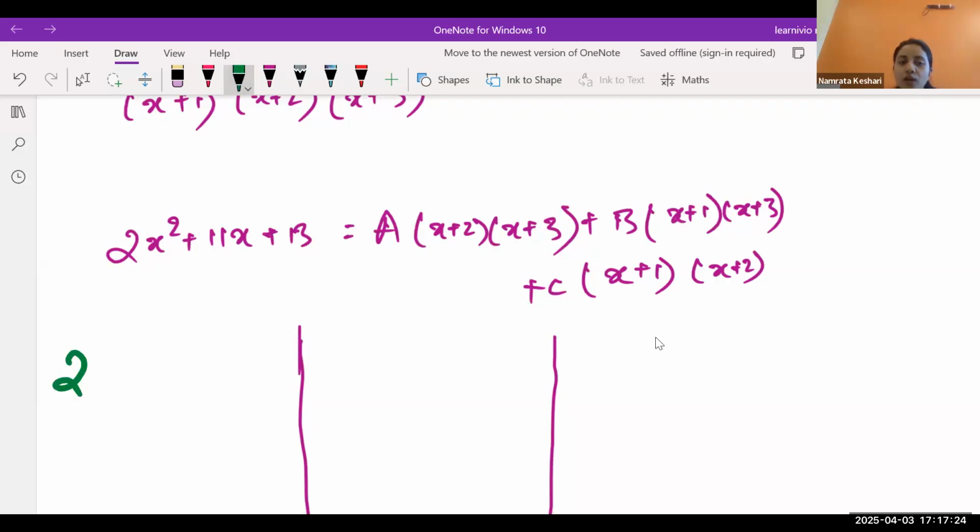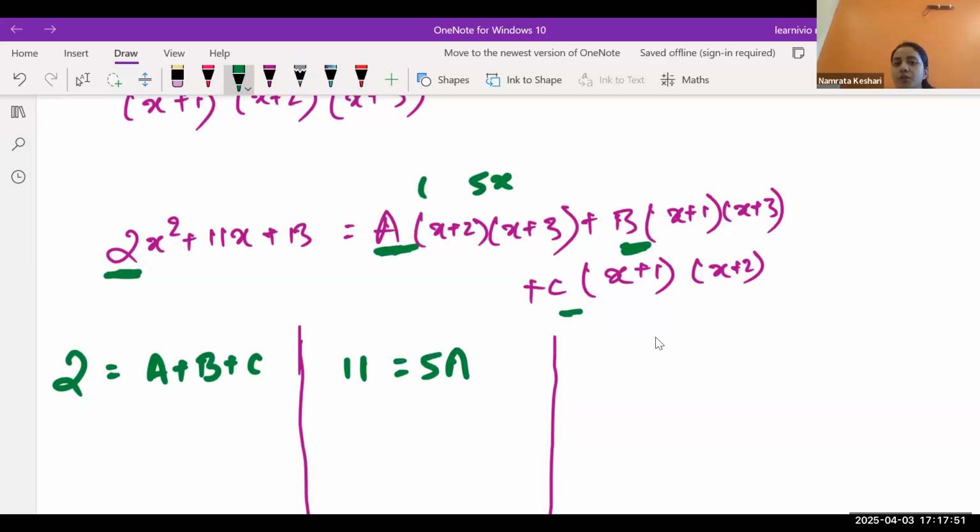Both are okay. So the x² coefficient is 2 over here, and here the x² coefficient is A, then B, then C. Is it okay? Yes, ma'am. The coefficient of x is 11 over there. Here we'll get 3x plus 2x, so 5x, so 5A.